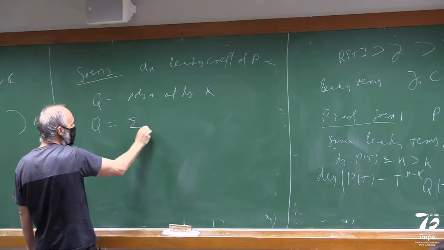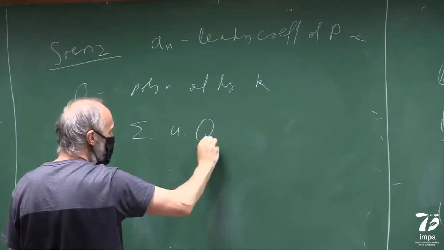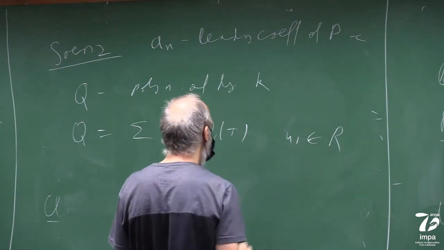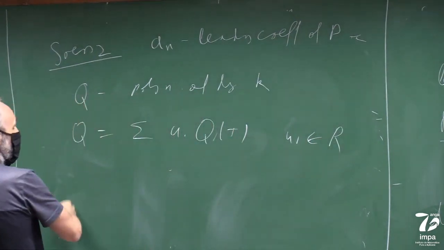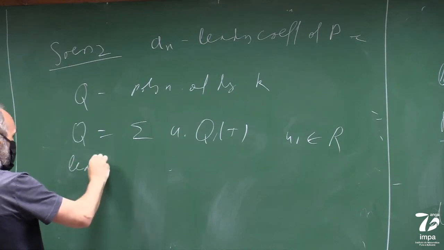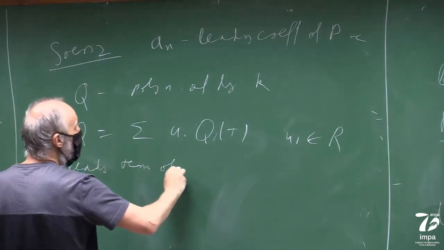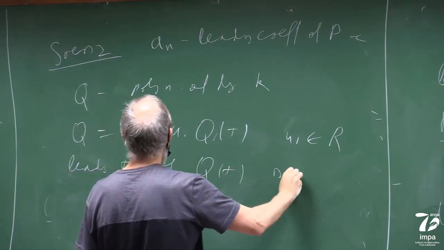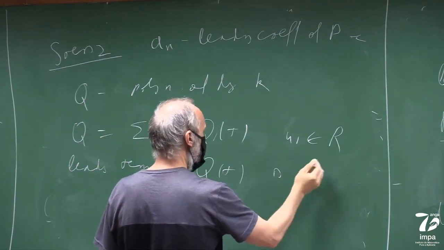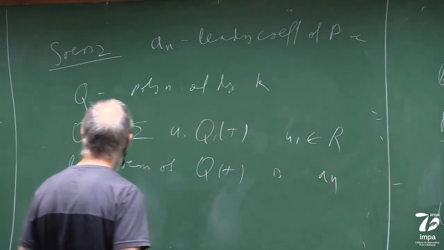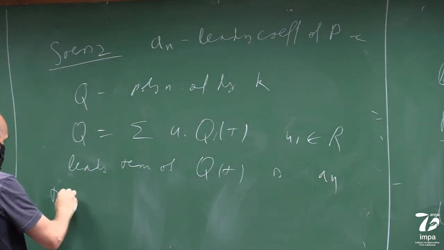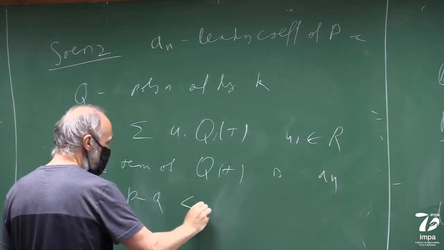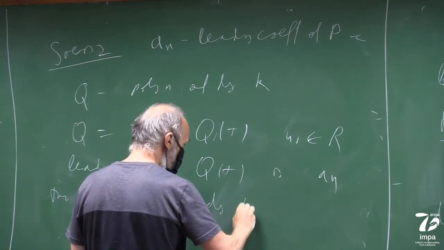Q is a sum of u_i Q_i(t), where u_i are elements in our ring R, such that the leading term of Q is the same, a_n. Then the degree of P minus Q is less than degree P.